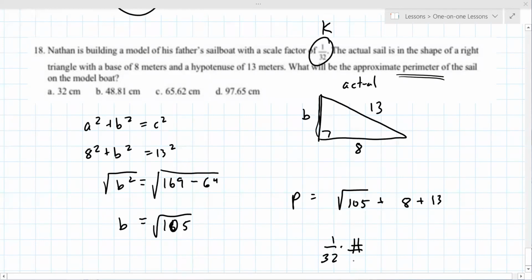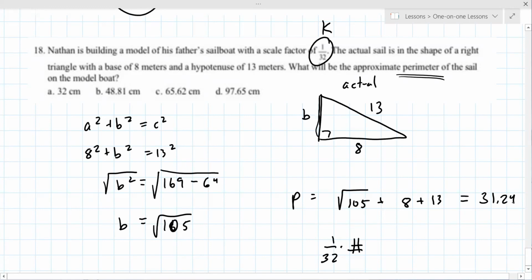Except it gives us something else. Actual sail, the shape of a right triangle, base of 8. Oh, they're switching units. Okay, well that's another issue. Wow, really odd. So the number I get when I find the perimeter here is about 31.24.